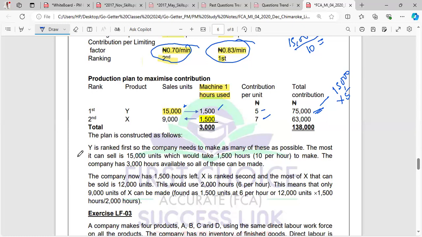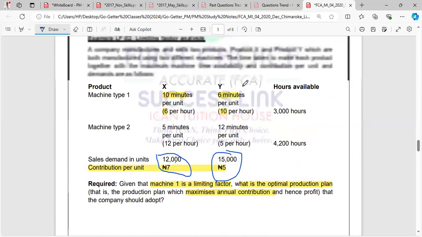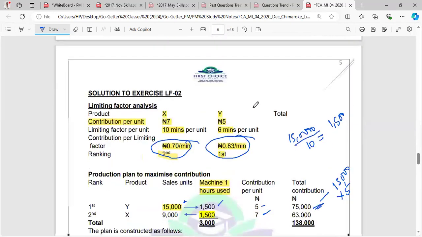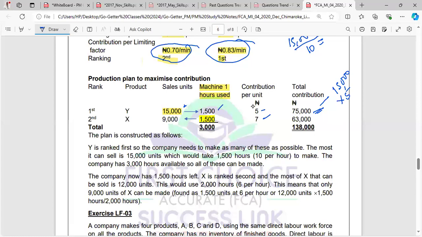But look at machine 1. Machine 1 has 3,000 hours available, right? Now, we have already used this 3,000 hours. We have already used 1,500 already. So that means the remaining 1,500 is what will be remaining for machine for X. So this is the first thing you do.